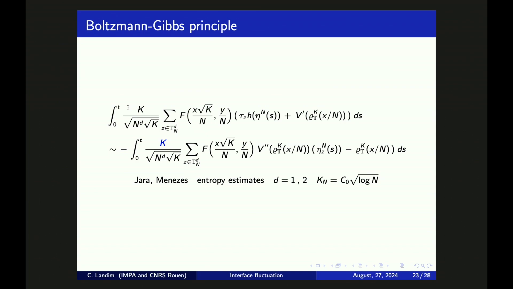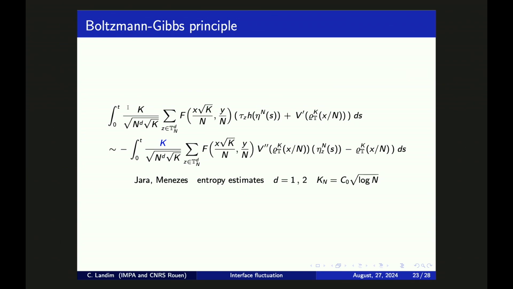And this is the main technical step in this proof, and all the problem comes from the fact that you have this extra factor k. So you have a blowing up term here that you need to control.